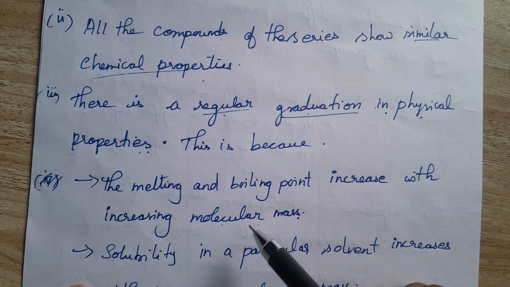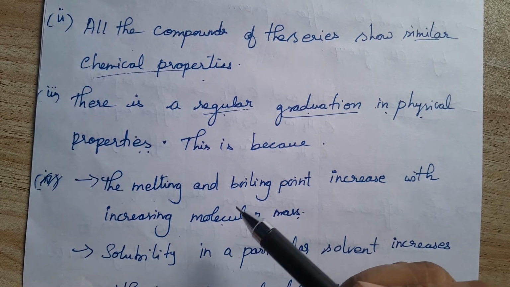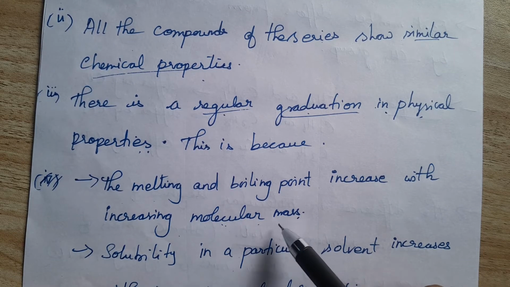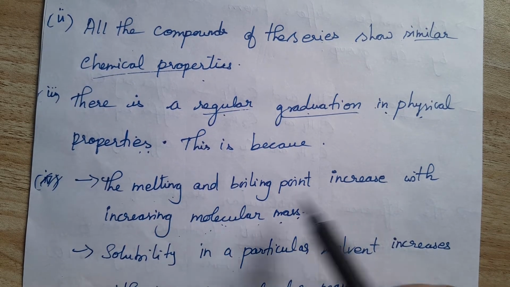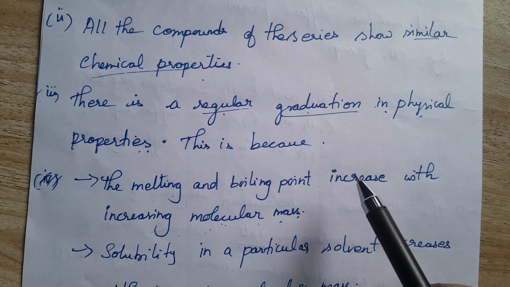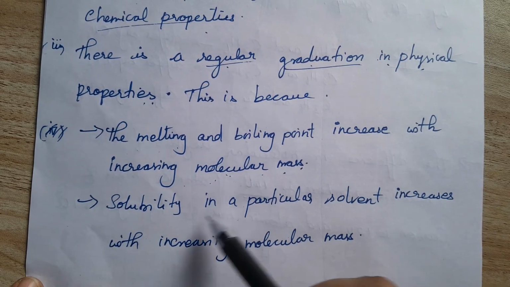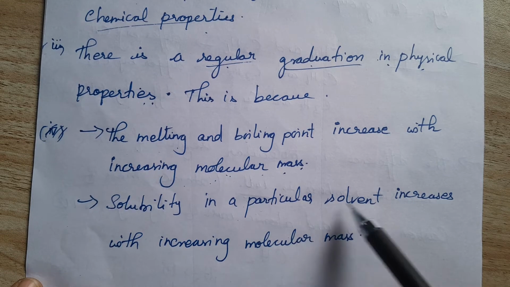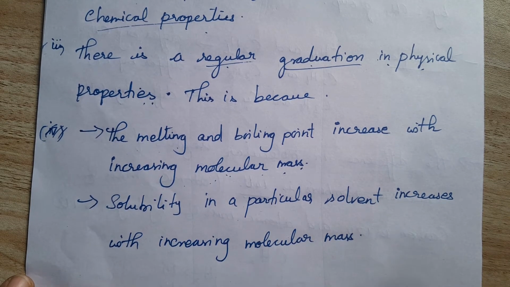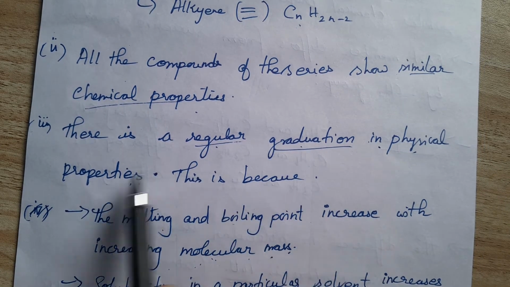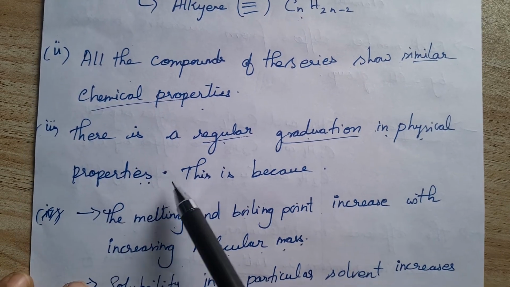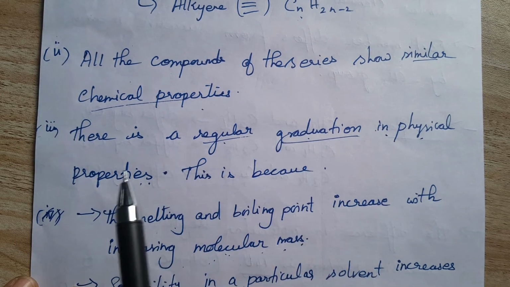If more carbon is present, more hydrogen is present, then the molecular mass will increase, and it increases the melting and boiling point of that particular compound. Like that, solubility in a particular solvent also increases with increasing molecular mass. So that's why there is a regular change in the physical properties of the homologous series.